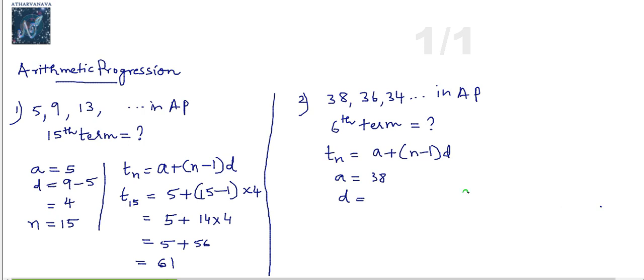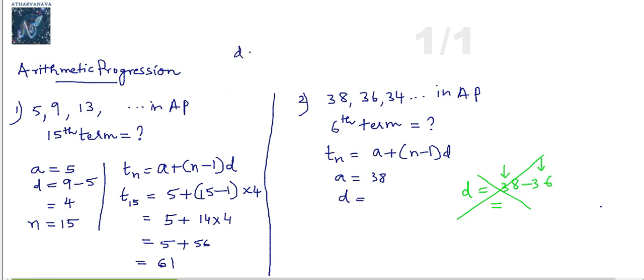People tend to write the D value as 38 minus 36. That's just because you think you should always write the bigger number first and the smaller number next, but that's not true.